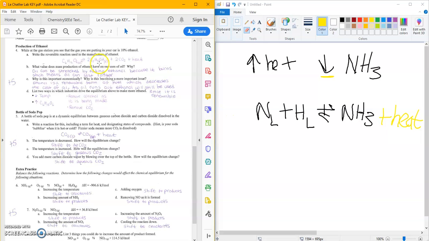All right, so we got some ethanol here. The nice thing about ethanol is this type of alcohol can actually be broken down very easily, so it's very good to put in our cars. Not only do we have gasoline at the pump, but you may have noticed that you have 10% ethanol, or it'll say something like ethanol-free gasoline.